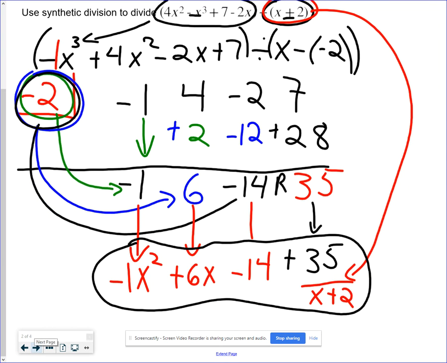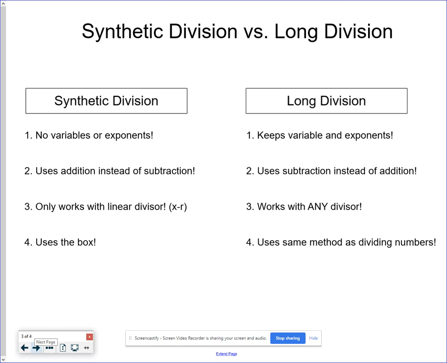So last, I just want to leave you, if it will go to the next page, there we go, with a comparison of synthetic division versus long division. So synthetic division uses no variables or exponents. So when you're doing it, you shouldn't have any x squareds, any x, any y's, whatever you're doing. While long division, you do keep the variables and exponents.